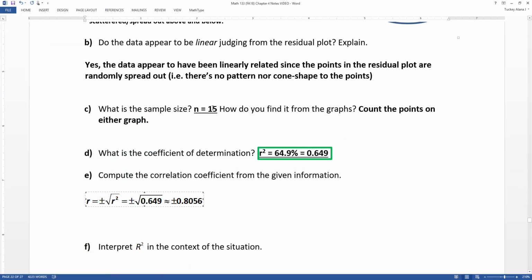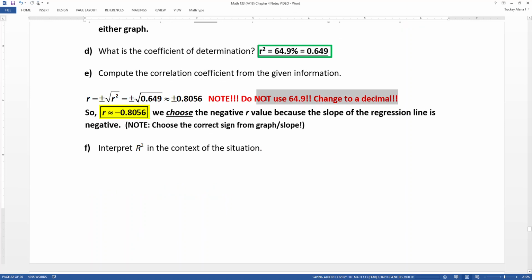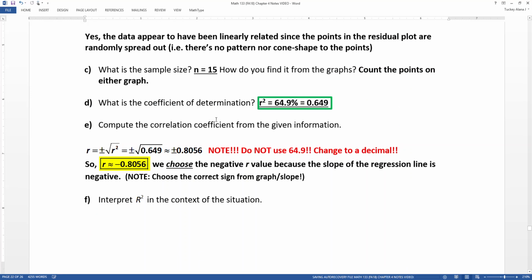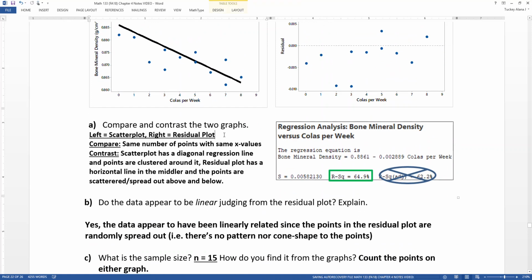So I'm either going to use positive or negative 0.8056. Well, now I have to go back and look at the problem. We better make a big note to ourselves because a lot of people lose easy points by using the percentage instead of the decimal. So there's that warning. Now when we go up and look at our graph, we can see that we have a negative slope on this graph. You can also see it in the computer output, where the slope is the number that is multiplied by the x variable. X for us is colas per week.